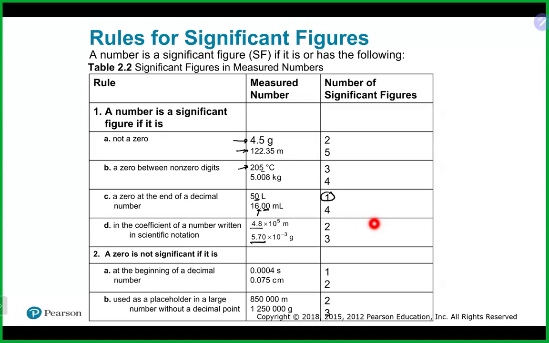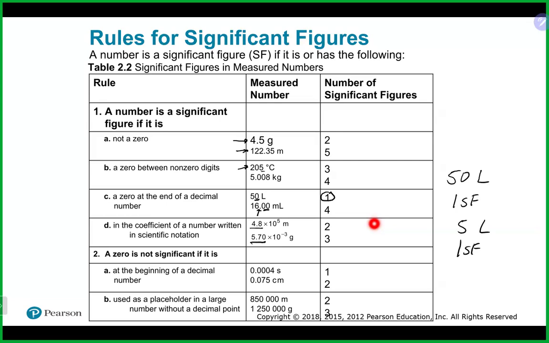Now, why do we need the 0 at the end if there is no decimal? It's important because in this particular case, you would write 50, which has one significant figure. But if you just wrote 5 liters, which is one significant figure, is there a difference between those two numbers? There's a big difference between 50 and 5.